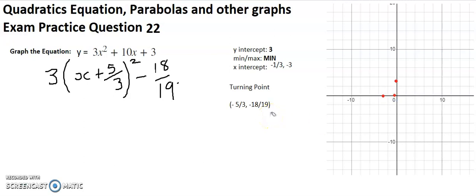My turning point is x equals negative 5 over 3, so close to negative 2, but not quite, and very close to negative 1, but not quite. So from here, I should be able to graph, because I've got my turning point, I've got my two x-intercepts, and I've got my y-intercept.